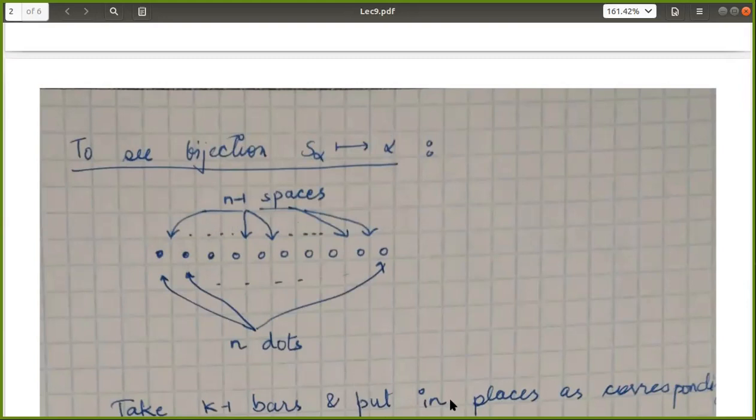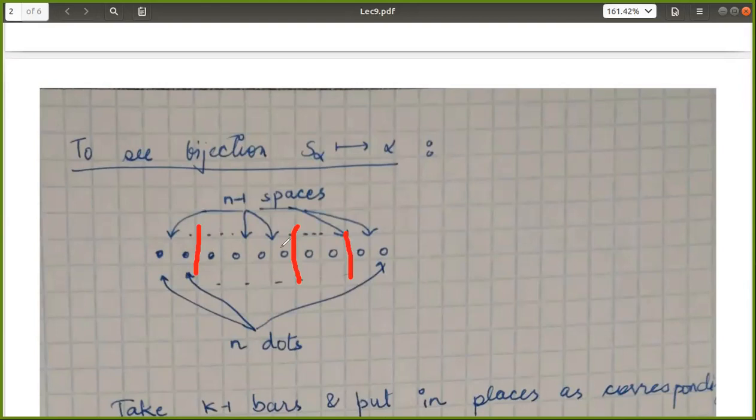If, let's say, I make a bar here, one bar here, and one bar here, then how many partitions do I have first of all? 4.